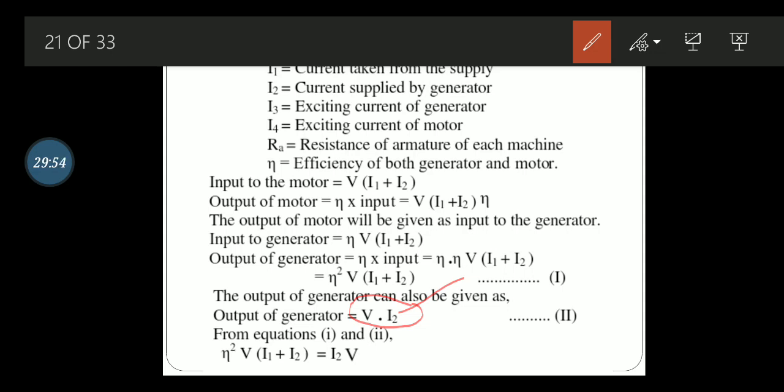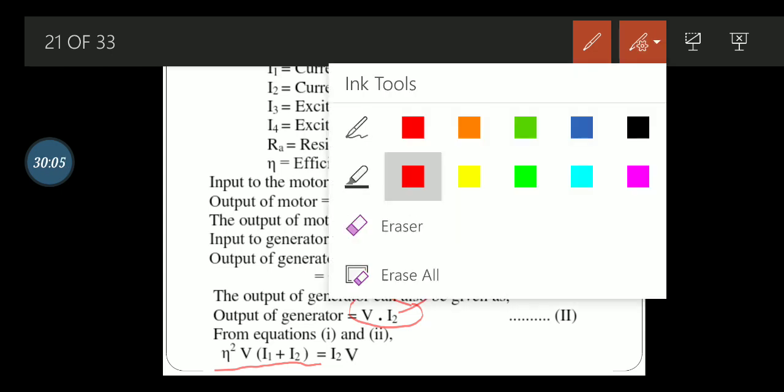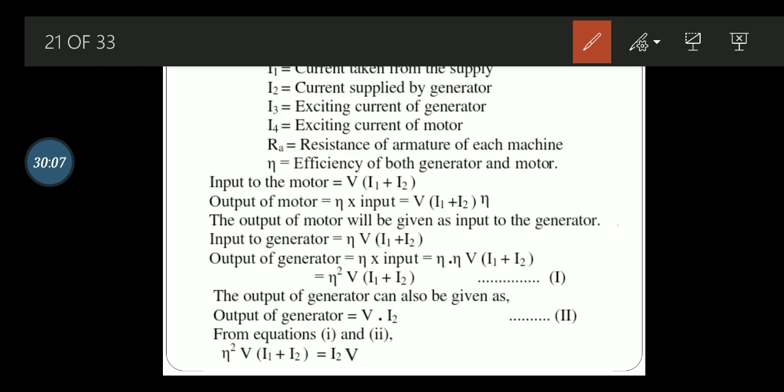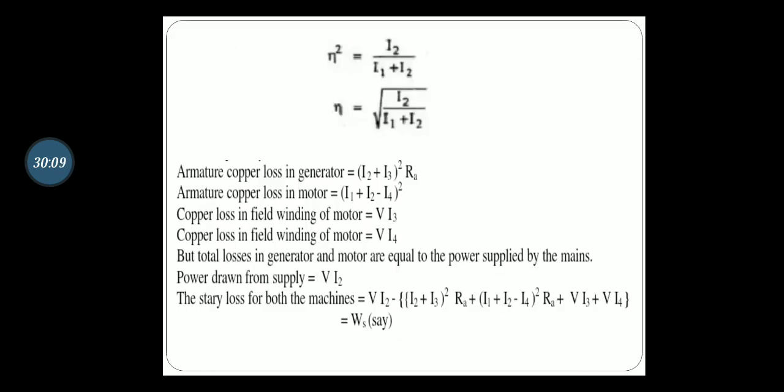Then substitute equation 2 in equation number 1, then we will get eta square V into bracket I1 plus I2 equals I2 into V. Now calculate the efficiency: eta square is equal to I2 divided by I1 plus I2, then eta is equal to square root of I2 divided by I1 plus I2.